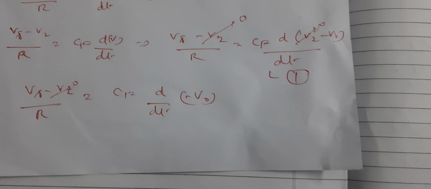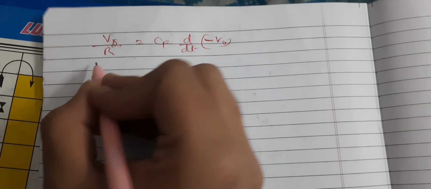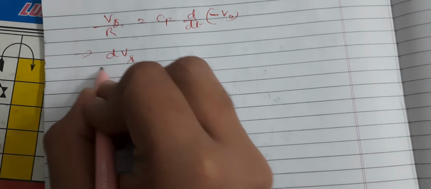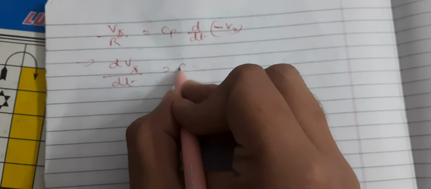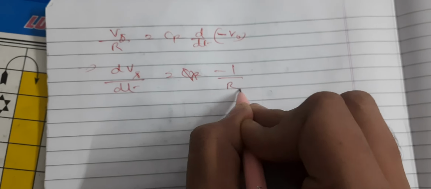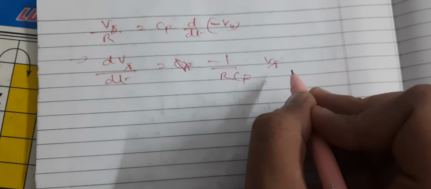After rearranging, we get dV0 by dt is equal to minus 1 by R CF into Vs.